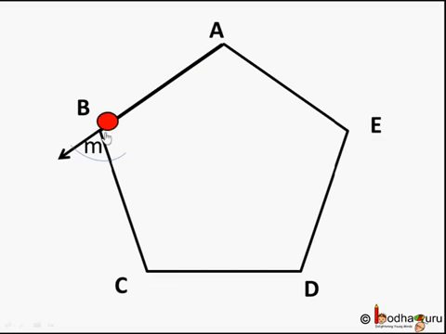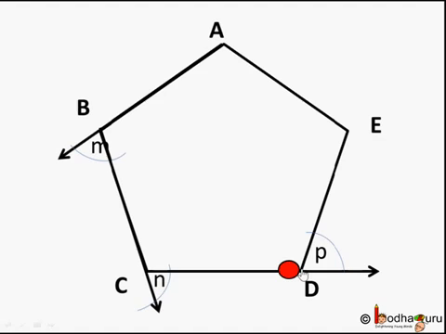As soon as I hit this point, I need to turn left. If I'm walking in this direction, I turn left to start walking along this side. So I turn by an angle M and then I start walking here. Then as soon as I reach this point, I again turn by an angle N. This is the exterior angle.